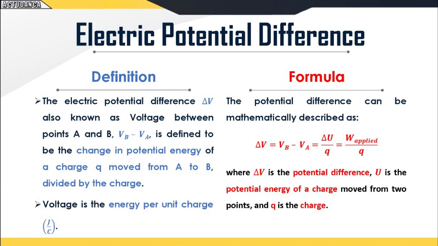And Q is the charge. So solving sa ating work applied, we will now multiply Q by both sides. We will have work applied is equal to Q multiplied by the delta V or the potential difference.